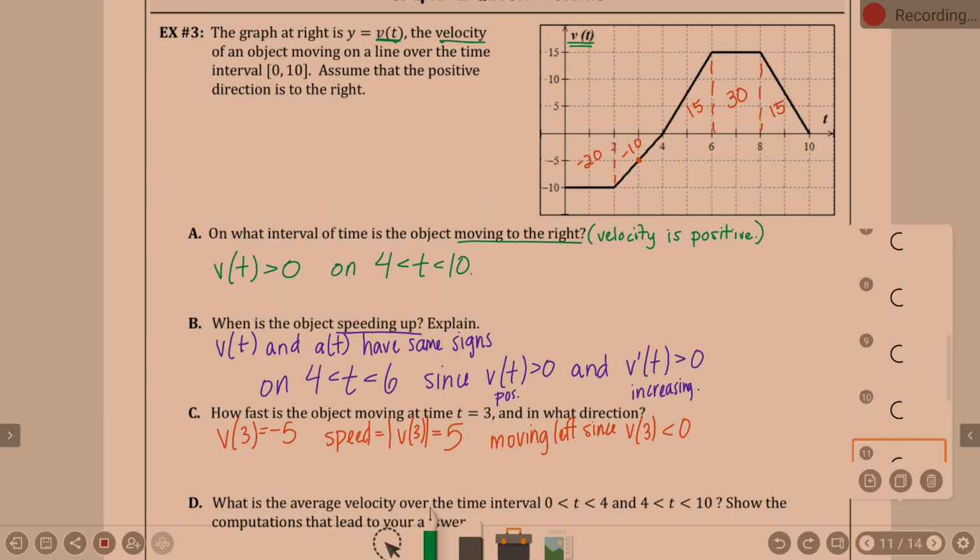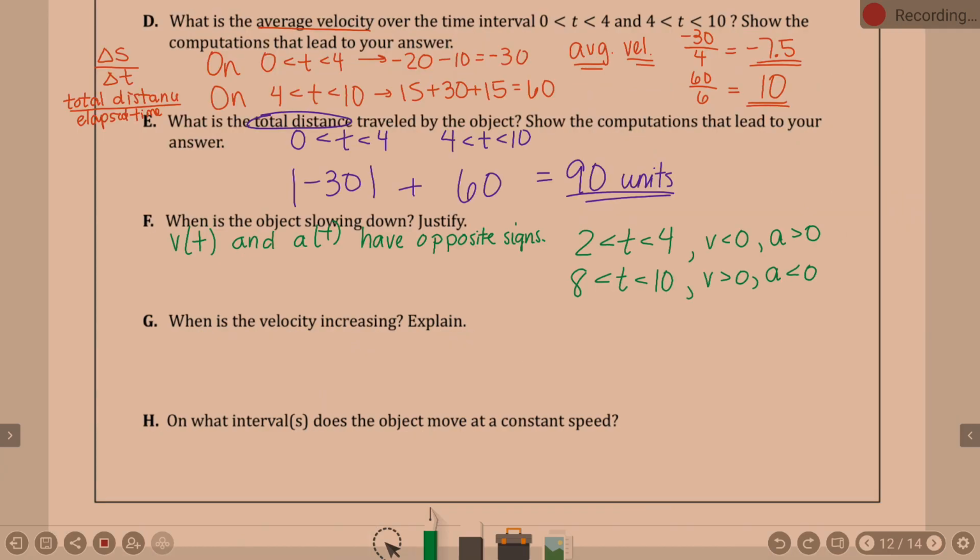Okay, we just did slowing down. There are two spots that are slowing down, and that's when velocity and acceleration have opposite signs. This is just when is the velocity increasing. This doesn't have anything to do with speeding up or slowing down. Velocity increases when acceleration is positive. And so when we're looking for acceleration to be positive, that's your velocity increasing.